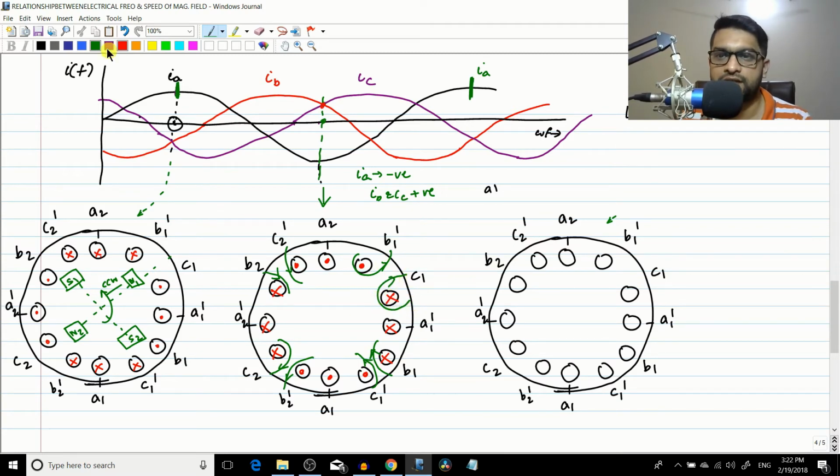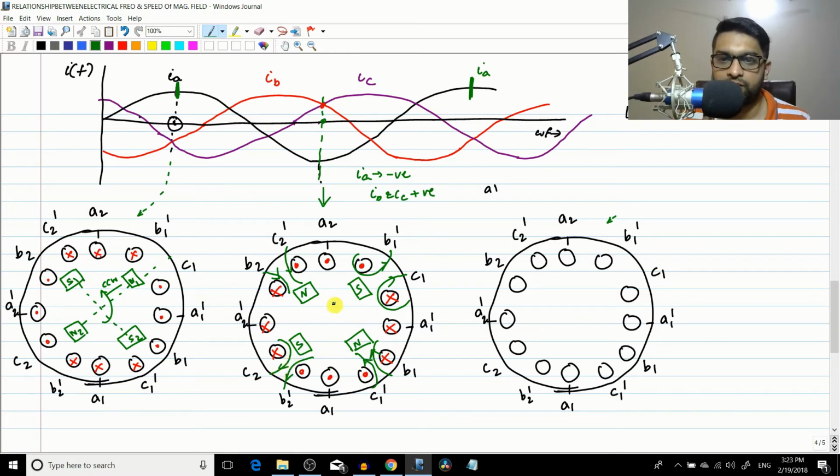Now if you mark the poles here, you have an outward field, so a north pole here, and here also outward, north pole, and here you have inward, so south pole, and here also inward, therefore south pole.